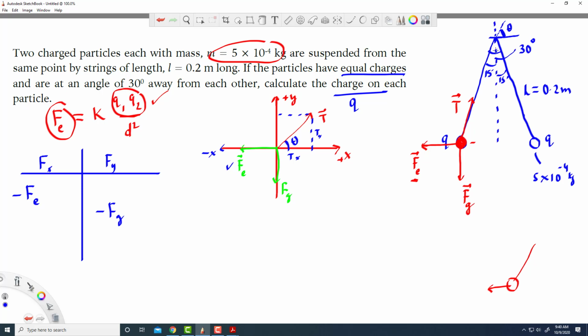So this angle is the same as this angle, vertically opposite angle.